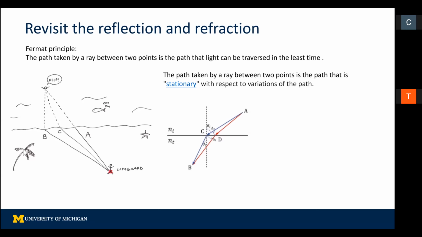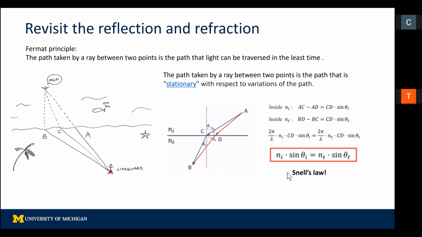Similar to this picture, where the navigator wants to consider both the distance and the speed on the land and in the sea, when light travels from position A to position B, it also needs to consider this, but in optics, we consider the optical path, or the accumulated phase as light propagates. By considering this, we can derive Snell's law, which is related to refraction and reflection.